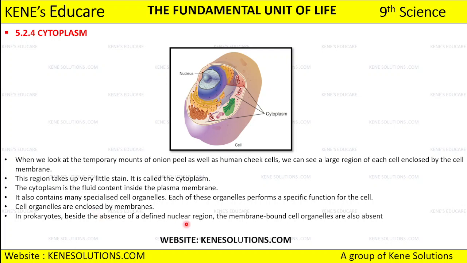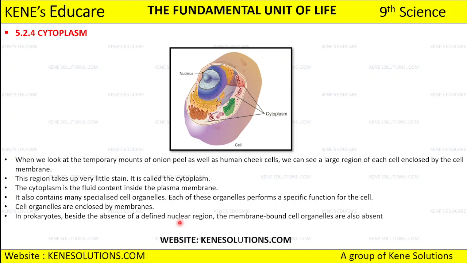So each of these organelles is going to perform a specific function for the cell, and all the cell organelles that we have are enclosed by a membrane. So if I talk about prokaryotes, besides the absence of a defined nuclear region, we all know that prokaryotes do not have a well-defined nuclear region.